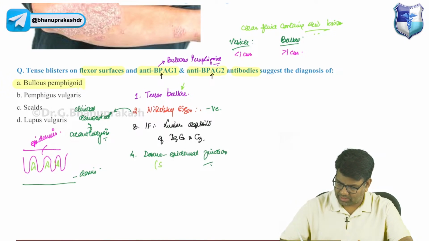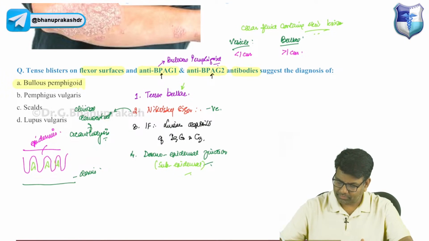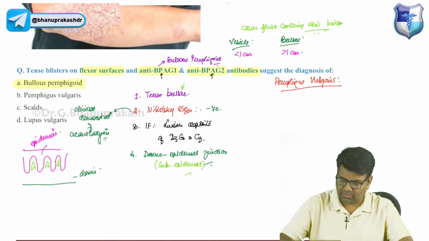So you can say it is subepidermal, below the epidermis. Perfect. Now, why am I putting all those four points? Because these points are very valuable in differentiating bullous pemphigoid from pemphigus, and especially I will be more interested in discussing pemphigus vulgaris.